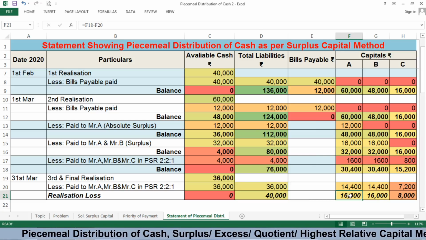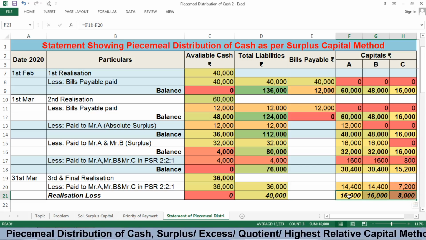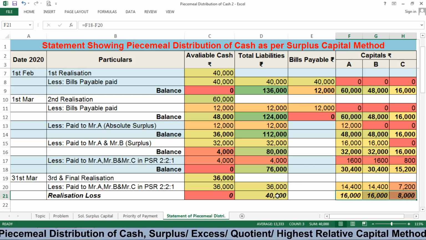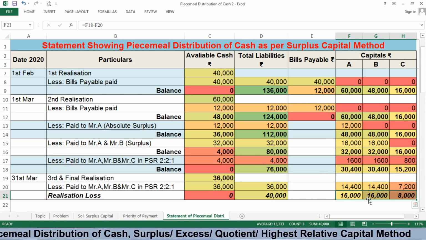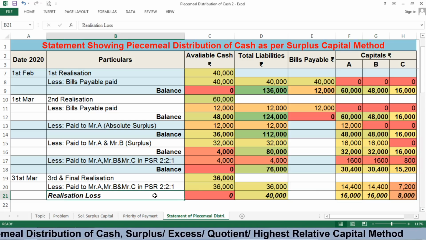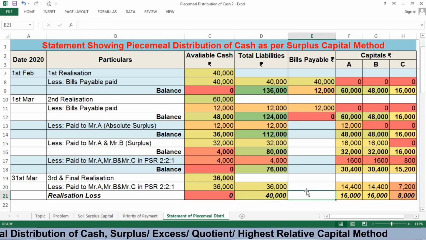So you can cross-check your solution between the total liability payable amount and your total realization loss. It is exactly 40,000. That means our solution is correct and up to the mark.